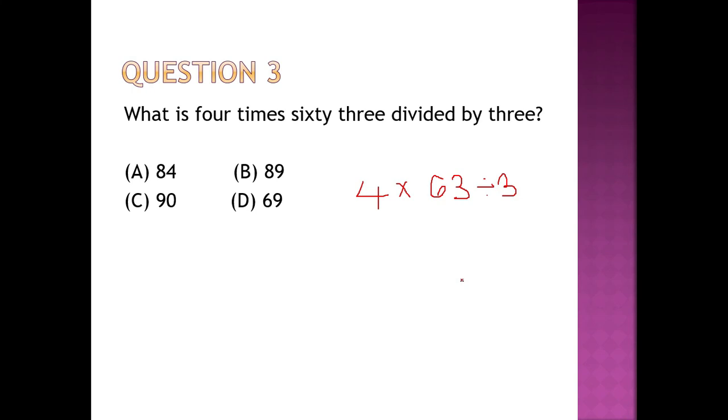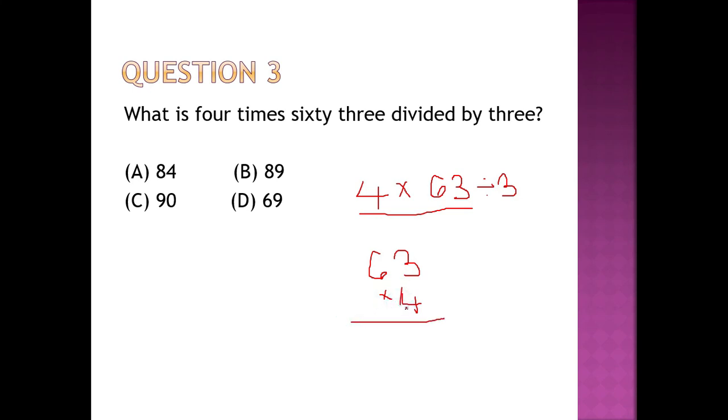All right, so we know how to do math. I'm gonna do this multiplication part first. I'm gonna put the 63 on top. 63 times 4 is the same as 4 times 63.